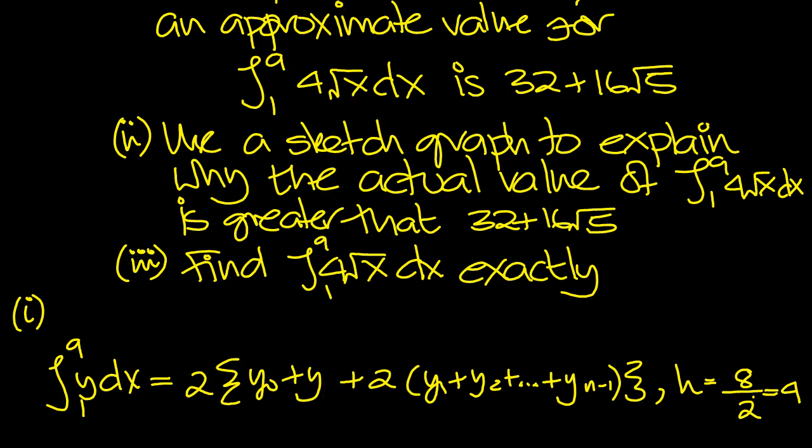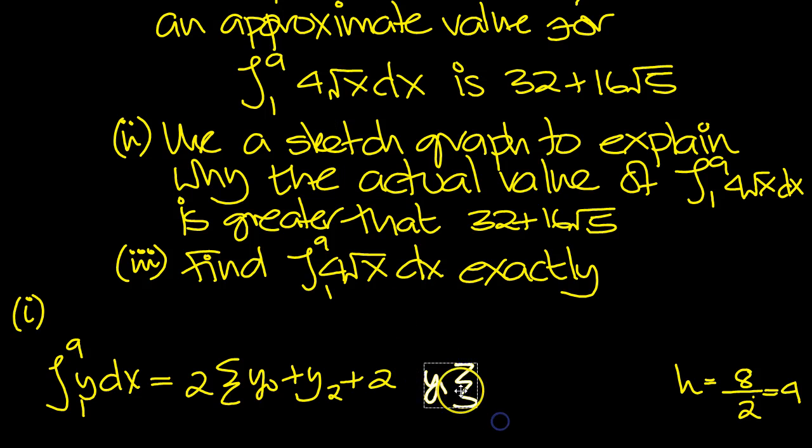So this will be y2, won't it? And this will just be y1. So we can get rid of it because it only goes up to y1 here. Like so. So we've got that then, and there's our formula in this case.